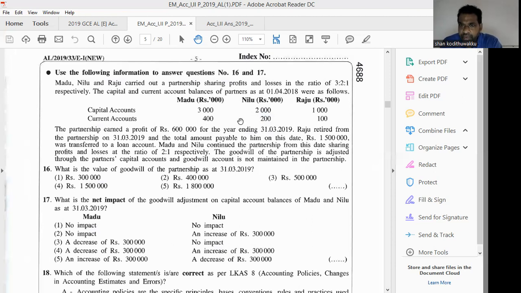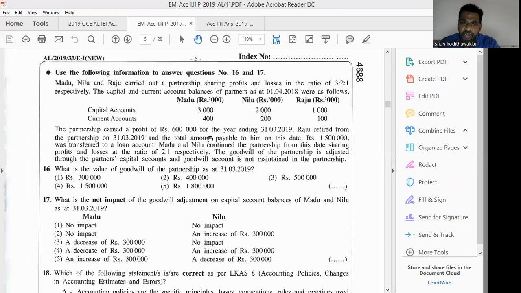Therefore, from the current profit, Raju is to be given 100. Then that 100 should be credited to Raju's current account. Raju's current account balance will be 200, because the opening balance you are given is 100.